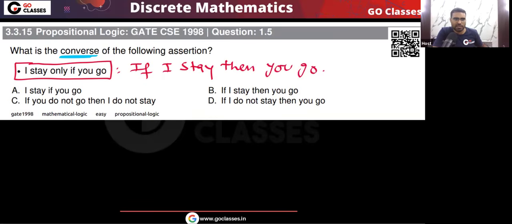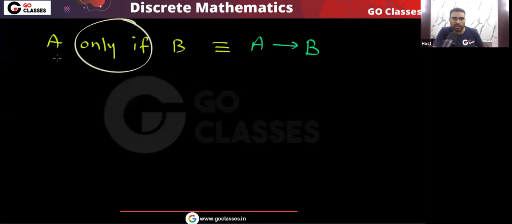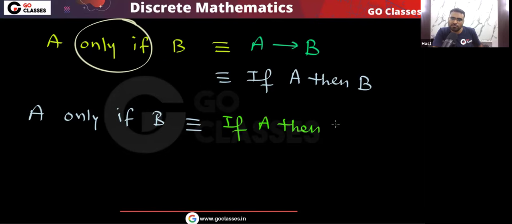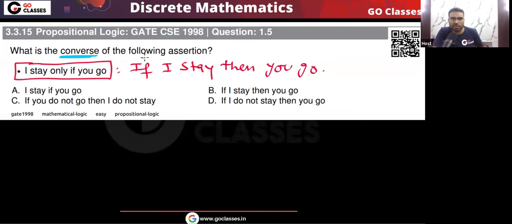This statement is the same as if I stay, then you go, because A only if B is the same as A implies B, that means if A then B. So these two things are the same. Very simple point.